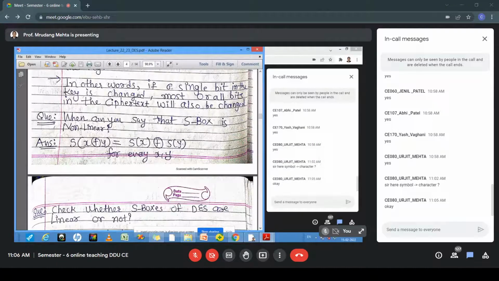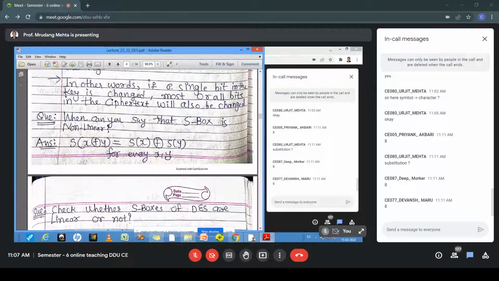This is a very interesting thing. What does the S stand for in S box? How many S boxes do we have in DES? 8.